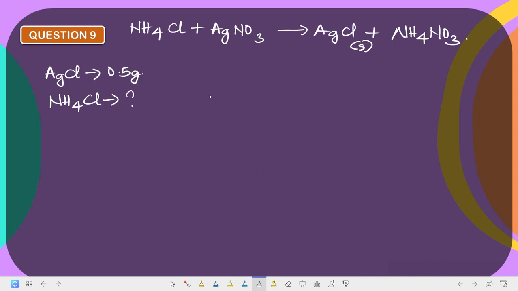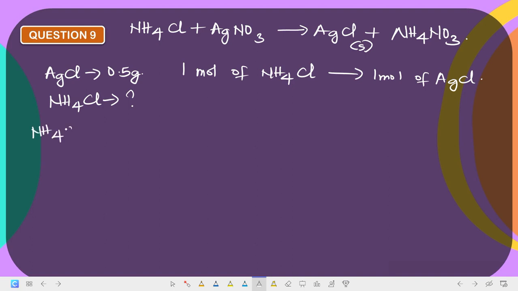Are we getting it? But we know from mole ratios that 1 mole of ammonium chloride gave 1 mole of silver chloride. Now, what is 1 mole of ammonium chloride? We need to calculate the molar mass of ammonium chloride.